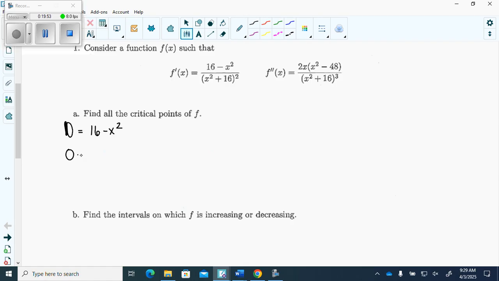And then 0 equals x squared plus 16 squared. So this one, we had moved the 16 over, so we get negative 16 equals negative x squared. Divide by negative 1. X squared equals 16. Square root, plus or minus x equals plus or minus 4.